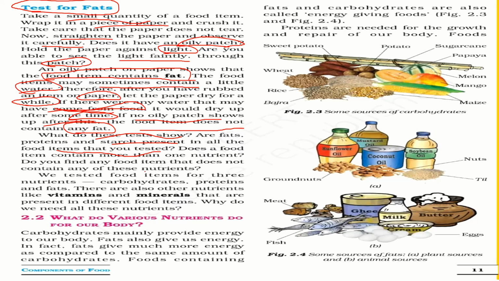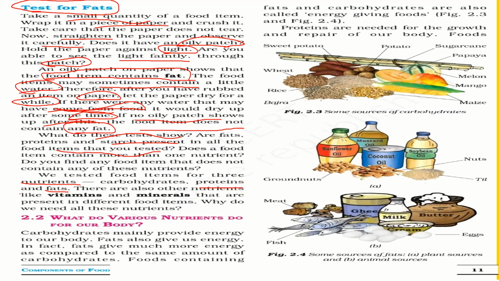Just test all these nutrients and tell me in the comment box what you have tested, whether they contain carbohydrates, proteins or fat. Let me know whether the food can be eaten or not. We tested the food items for these nutrients: carbohydrates and proteins in the previous class, and today we have seen fats.